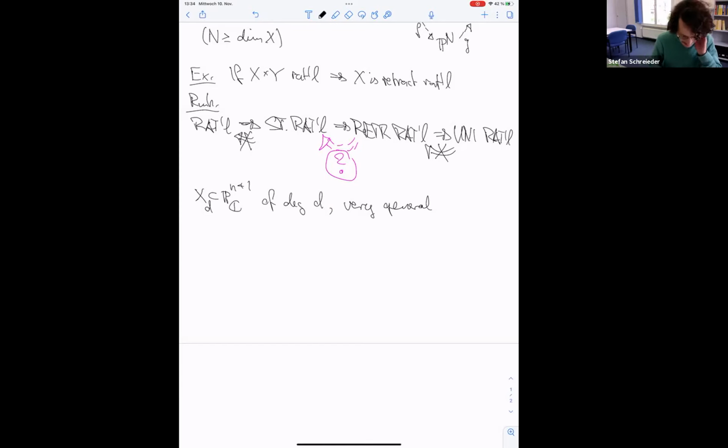Most of you know this very well. So cubic threefolds are not rational by Clemens-Griffiths, and then quartics, where D is 4 and N is 3, this has been done by Iskovskikh-Manin. They proved that these hypersurfaces are not rational. And then Colliot-Thélène and Pirutka much later proved that they are not stably rational, in fact, not retract rational.